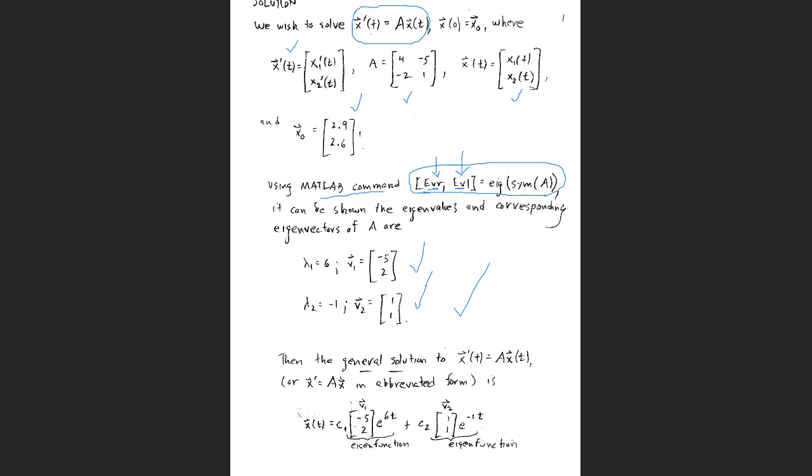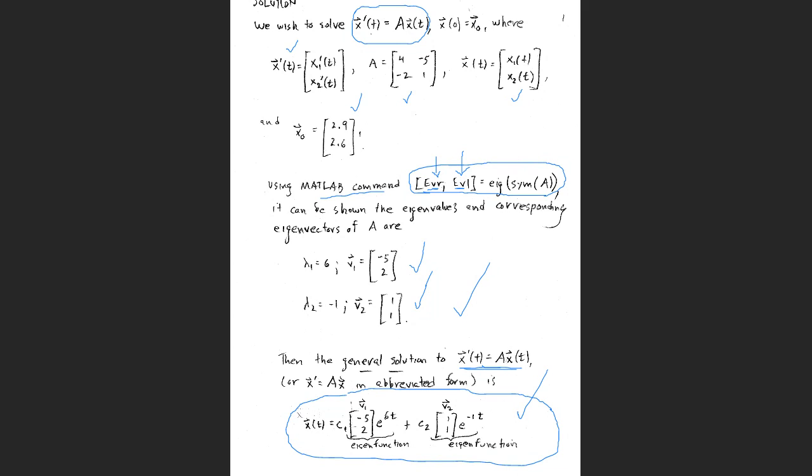Well, what would the general solution be to the linear system of differential equations? Well, it's going to be right here. The general solution is going to be a linear combination of the eigenfunctions, and that's what I have right here. Remember, an eigenfunction is defined as an eigenvector times the exponential function raised to the lambda t power, where lambda is the eigenvalue.